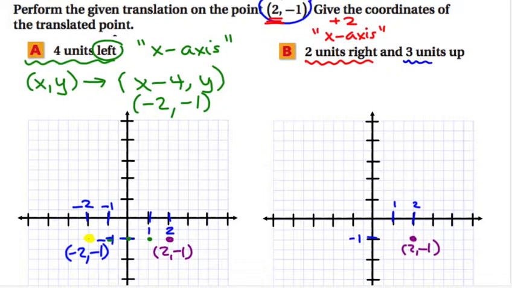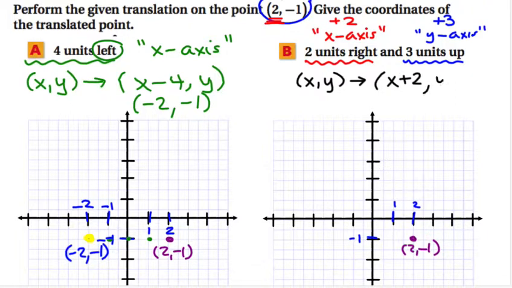Then on our y-axis, as we're going up, we're going in a positive direction, so we're going to add 3 on the y. So how this notation looks, x comma y is going to change to x plus 2 comma y plus 3.